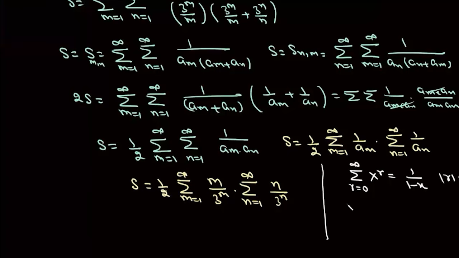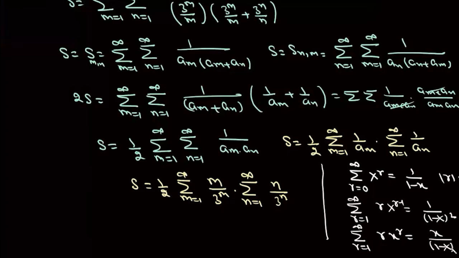And if we differentiate this, we can write summation r varies from 1 to infinite r x to the power r minus 1 will be 1 upon (1 minus x) square, or if we multiply with x, we can write r varies from 1 to infinite r into x to the power r will be x upon (1 minus x) square.